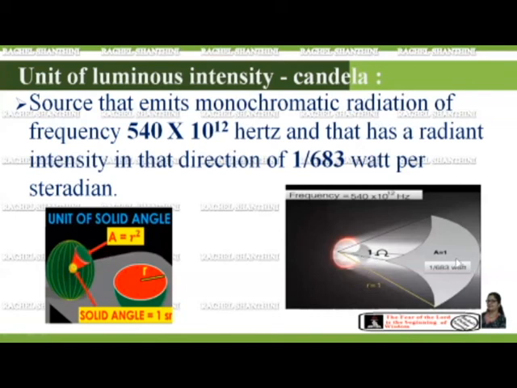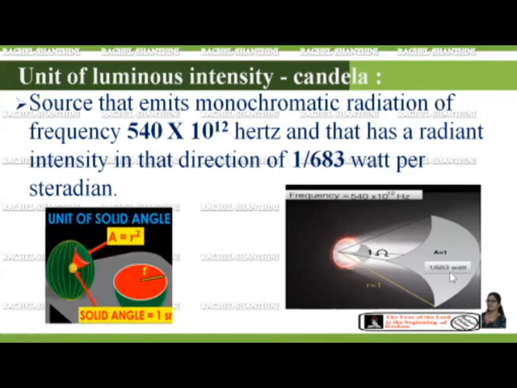Steradian means area upon square of radius, and this area has the radiant intensity of exactly 1 upon 683 watts.